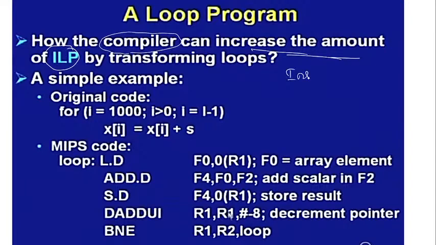ILP means instruction level parallelism, that is, how parallelly it executes the instructions. By transforming the loop, because the loop repeatedly executes the same instructions. Suppose i is equal to 1000, it means 1000 times it executes the instruction, right?